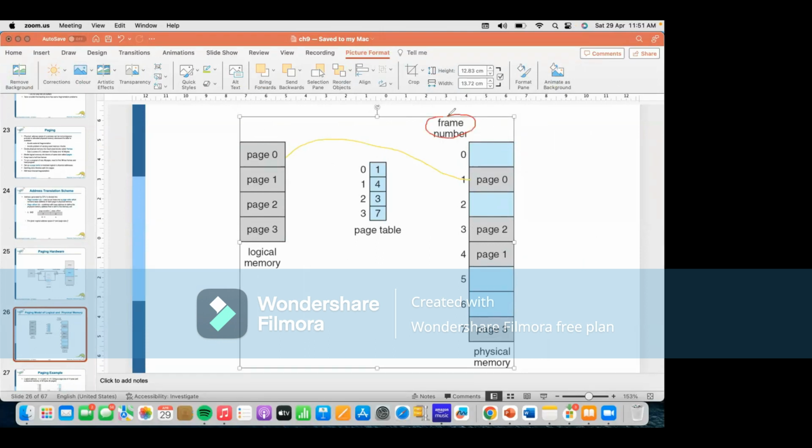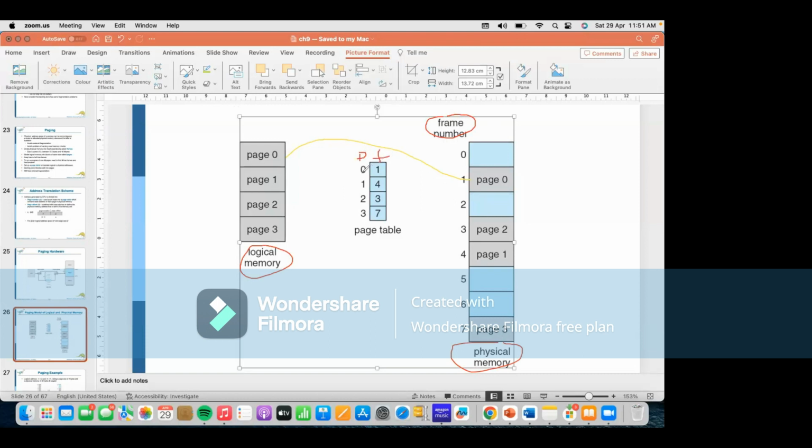This is the physical memory, and this is the logical memory, which the OS assumes. The page table contains the page number and the corresponding frame number.